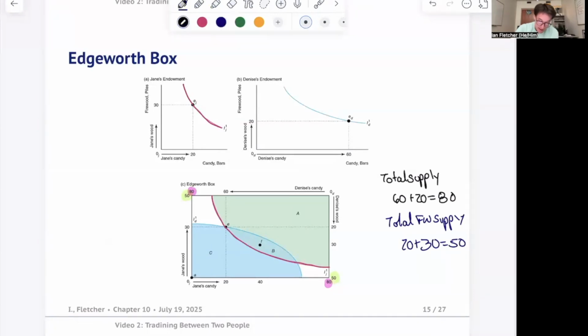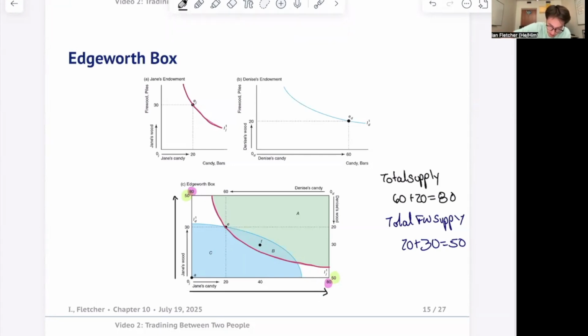This box that we're making is essentially what would happen if Jane could potentially have all of the firewood and all of the candy. And then it's flipping, so this would flip the other direction.